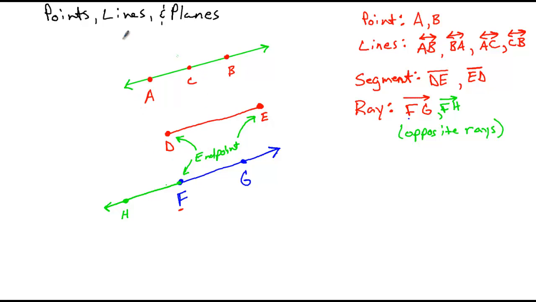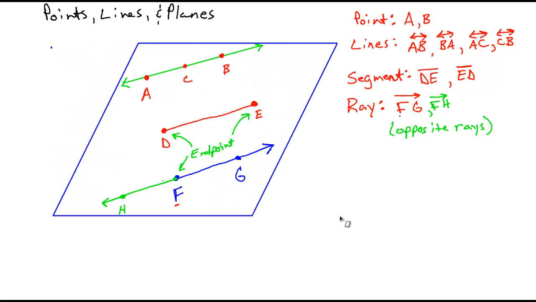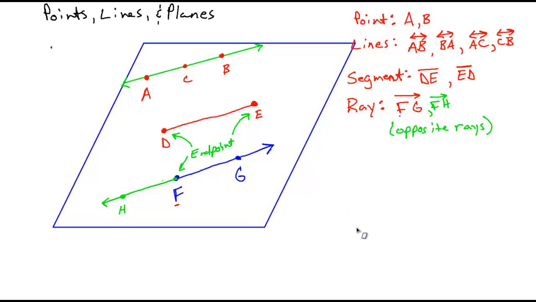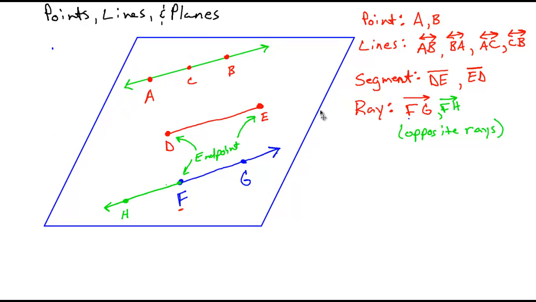Now, all of these things we've drawn here, these points, lines, segments, rays, are all contained within something. They're all contained in a plane. So I've got this plane here, and the way we draw a plane is to draw a big parallelogram.